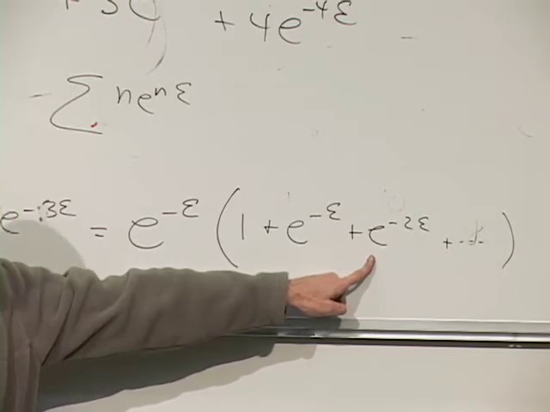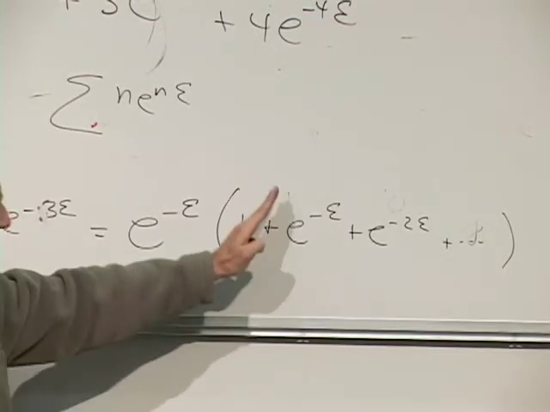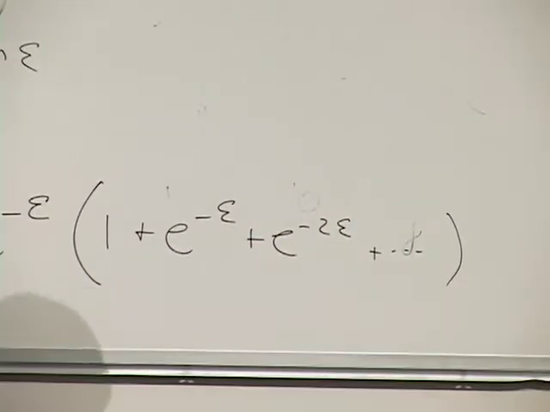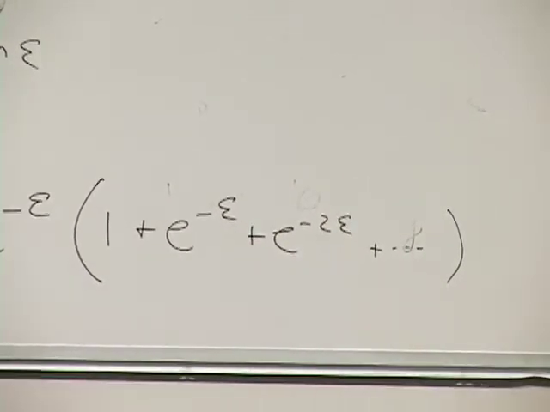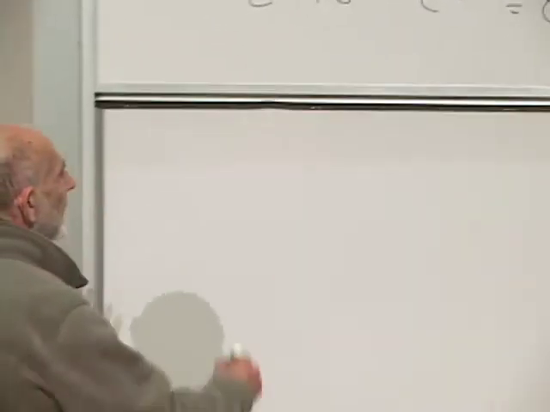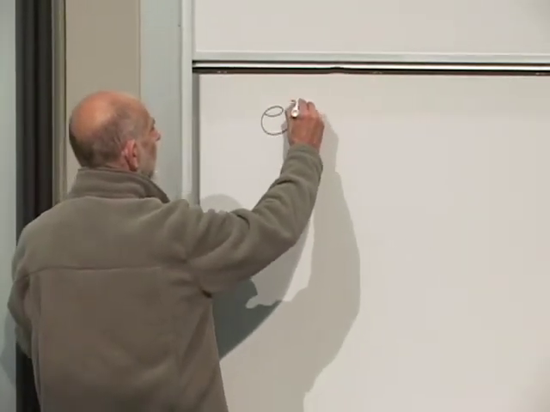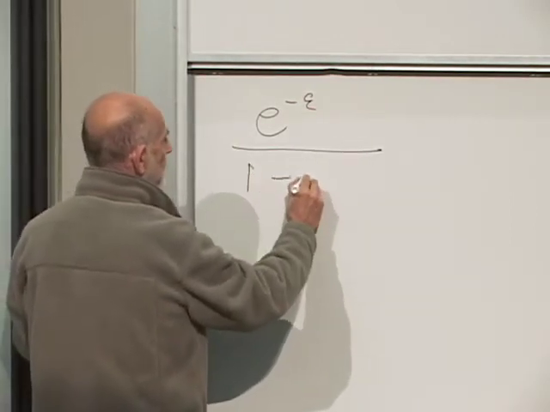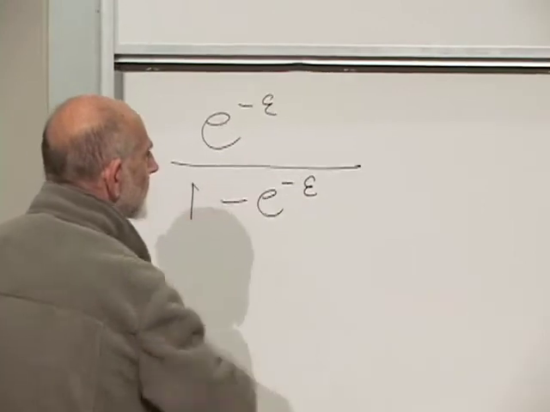This is a geometric series, 1 plus a number plus the square of the number plus the cube of the number. And so we can add all of this up. And what do we get? We get e to the minus epsilon divided by 1 minus e to the minus epsilon.